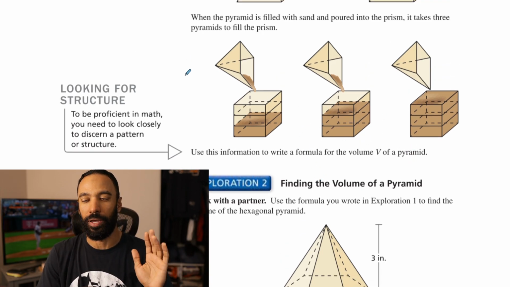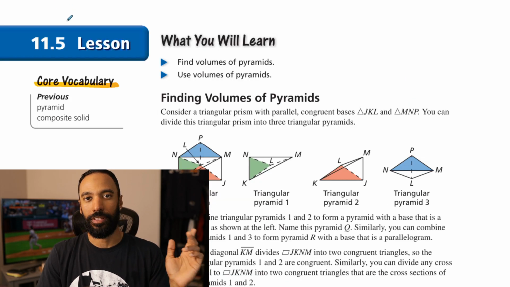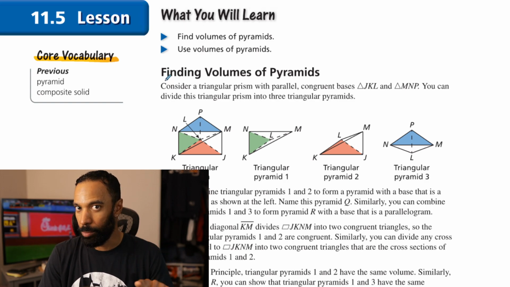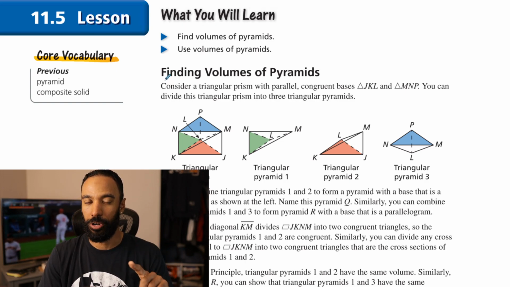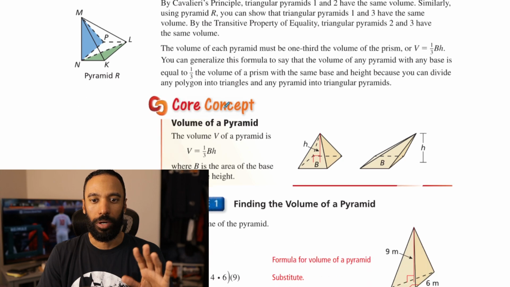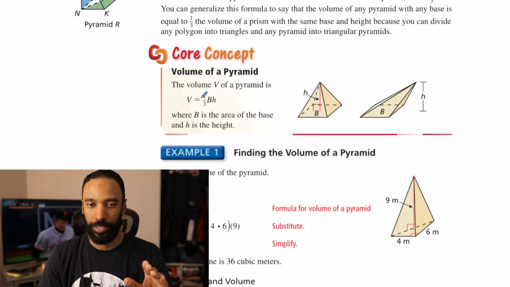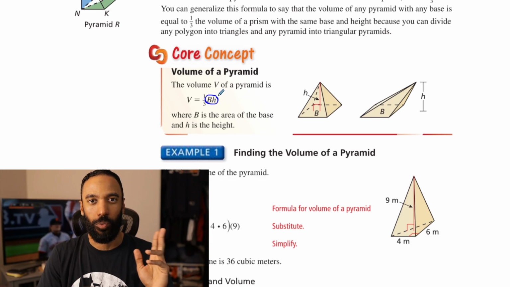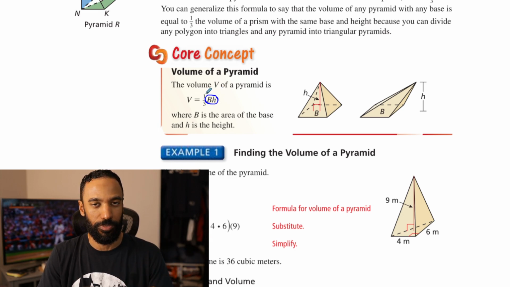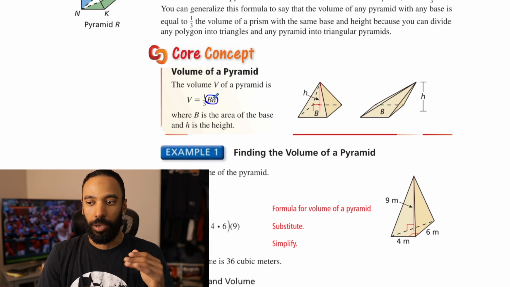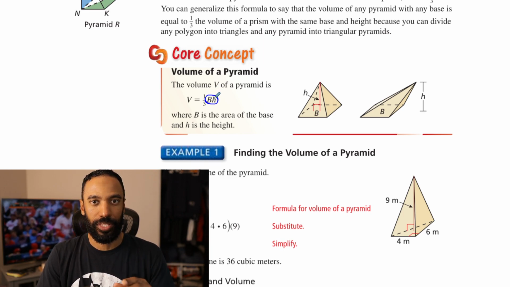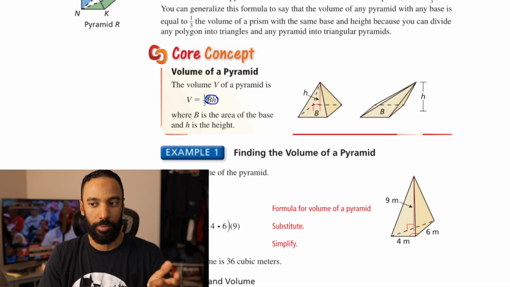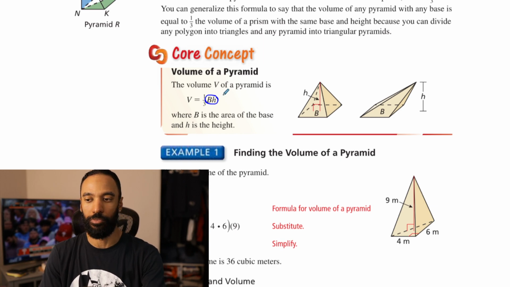If 3 pyramids equals 1 prism in terms of volume, then 1 pyramid's volume is 1/3 of the prism's volume. The volume of a prism is area of the base times height. Given that you have the same area of the base and the same height for the pyramid, it's going to be 1/3 that amount. So take what you did before and divide it by 3.